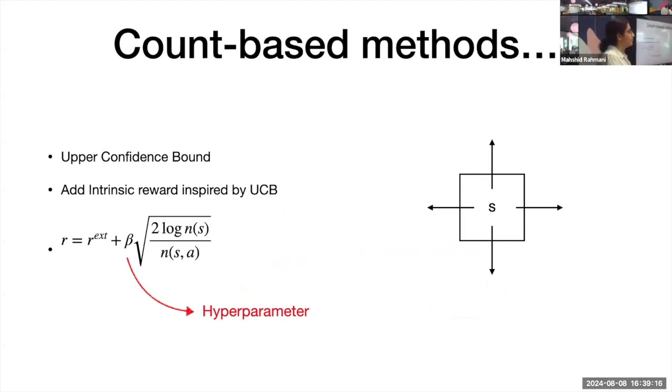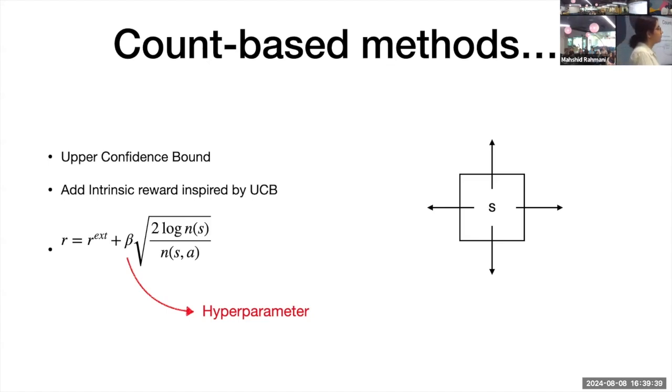Based on this intrinsic reward structure, there is a particular value of n at which the value inside the square root, log n over n, starts decreasing instead of increasing. So how do we choose that? Right now there is a constant value of n for this function.